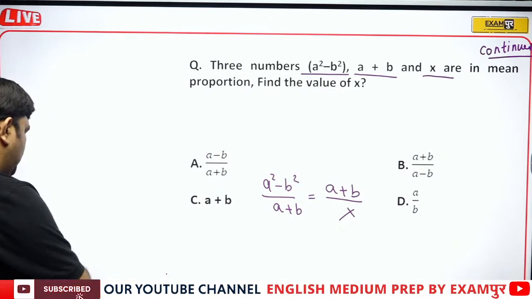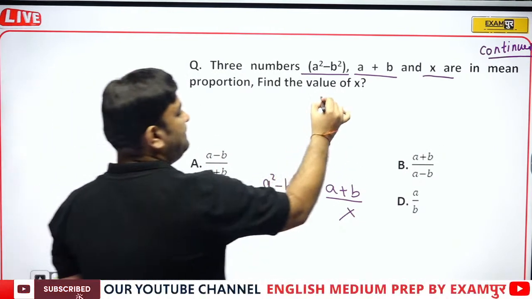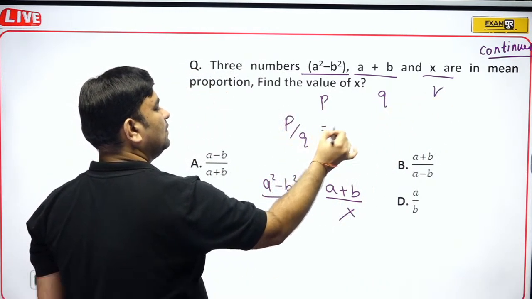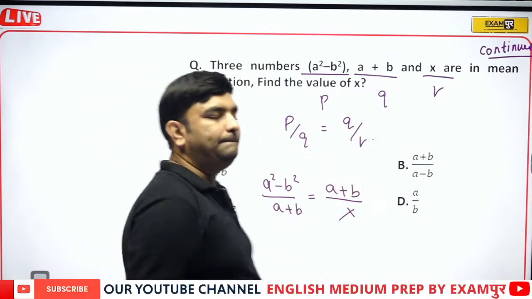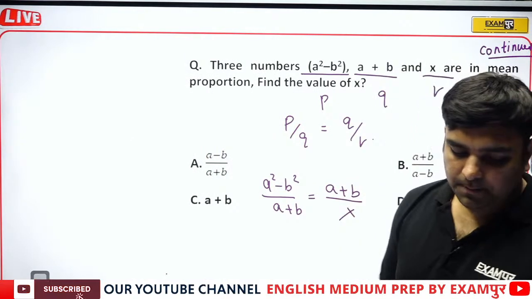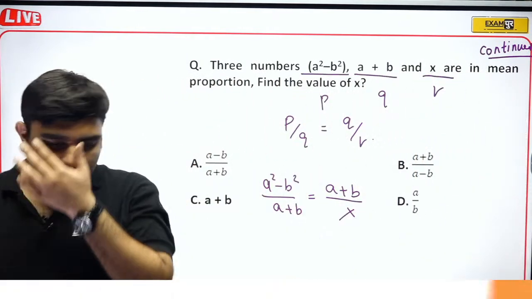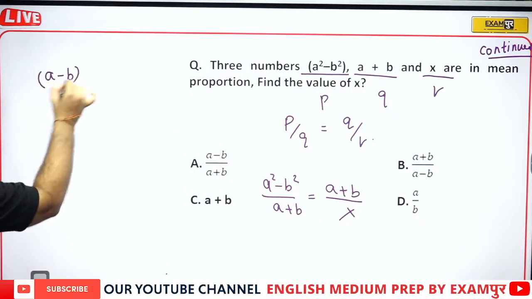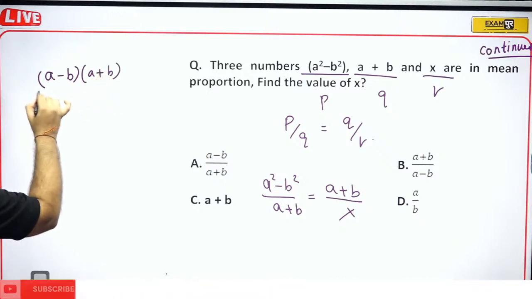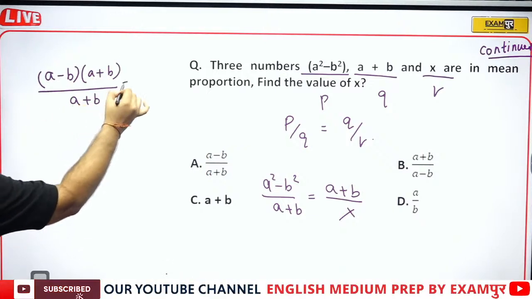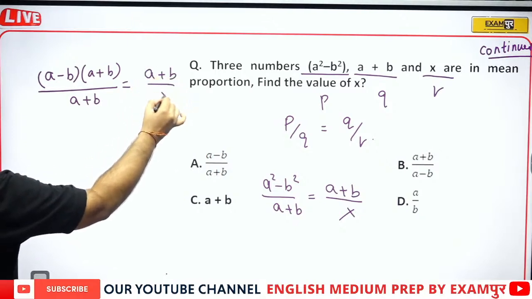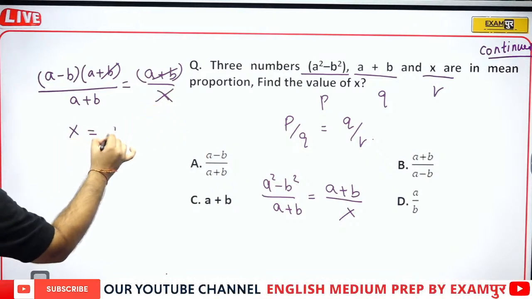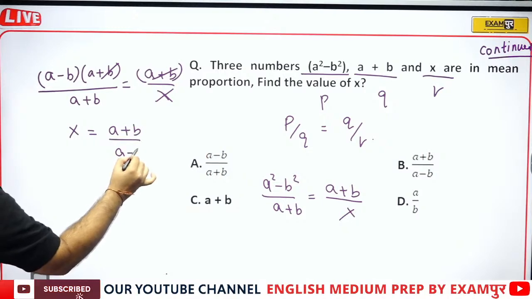Just to make sure none of you gets confused, I'm taking them as P, Q, R. P by Q is equal to Q by R. So once you simplify it, a minus b, a plus b over a plus b is equal to a plus b over x. So x comes out to be a plus b over a minus b.